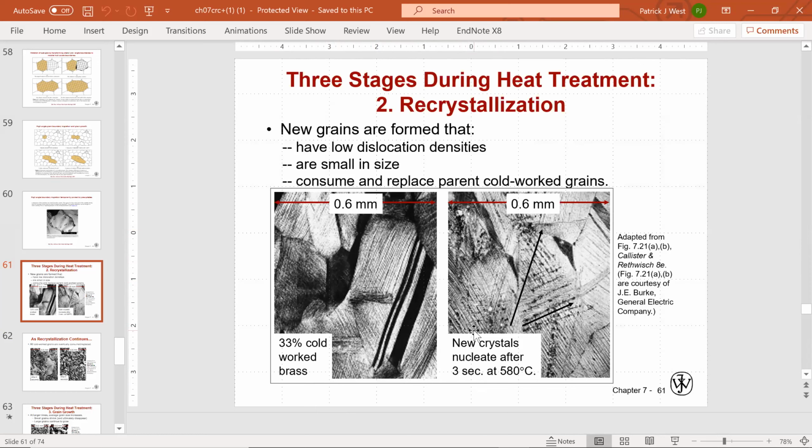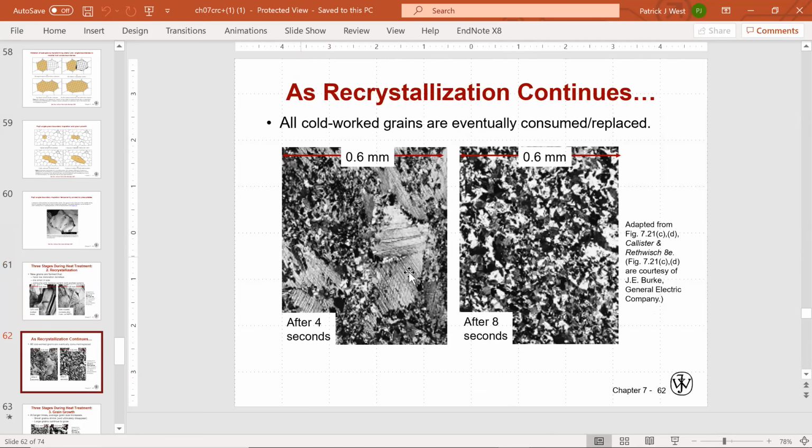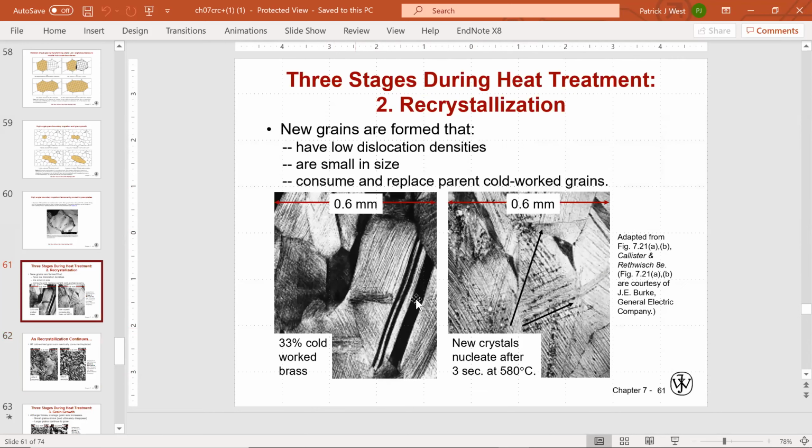and in this case, crystals begin to nucleate after 3 seconds at 580 degrees Celsius. So this arrow, I guess, is pointing to a new crystal. But what we see here is after 4 and 8 seconds, we begin to see all of these new grains form, right? So what happens is previously we have atoms that exist in a very stressed state.